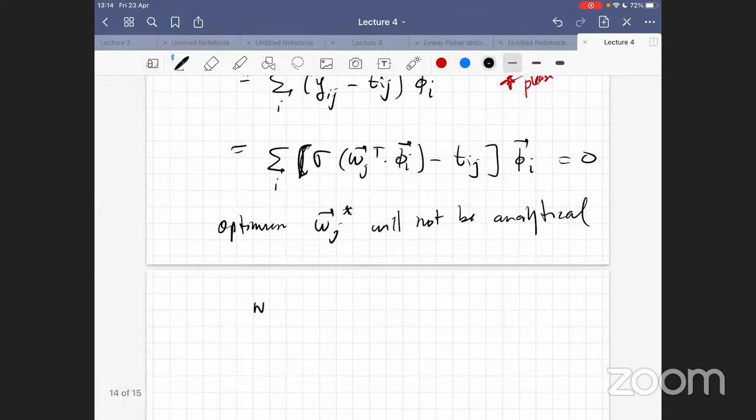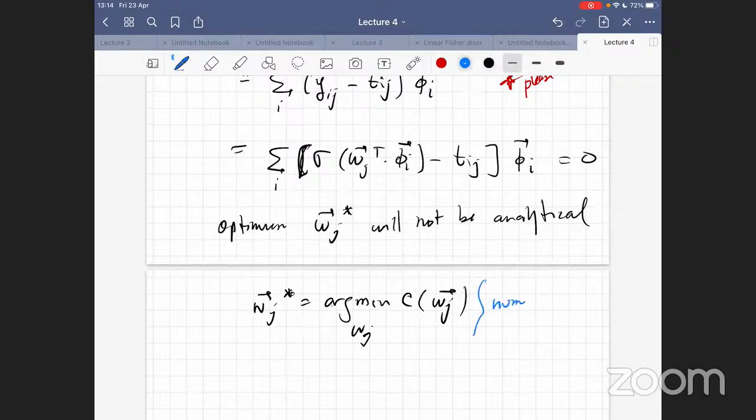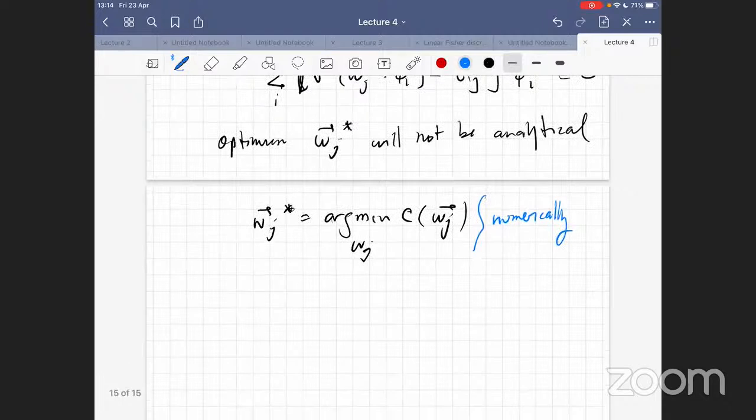So what I'm saying is that this cross entropy should be minimized numerically. And then you need some iterative method, for example gradient descent or something that we are going to cover later.